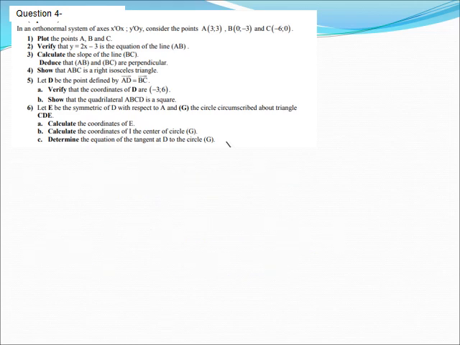Show that ABC is a right isosceles triangle. AB is perpendicular to BC, proved.